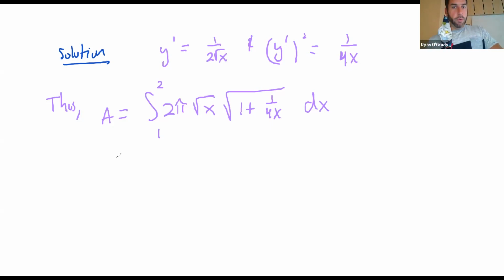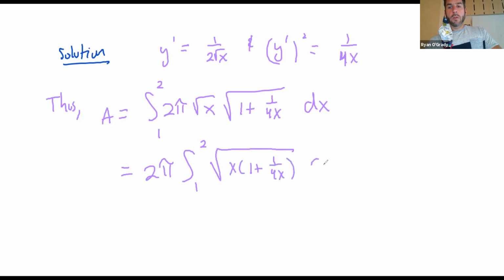So I'm going to pull the 2 pi out, and when I combine these two radicals, I'm left with the square root of x times 1 plus 1 over 4x. When I distribute, I'm left with x plus 1/4.